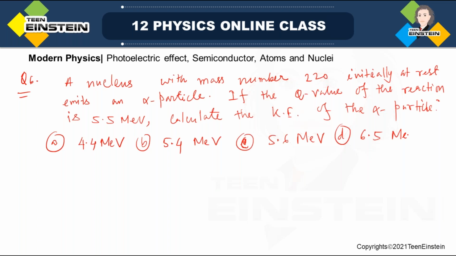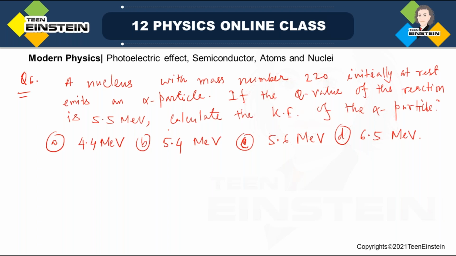So read the question once. A nucleus with mass number 220 initially at rest emits an alpha particle.